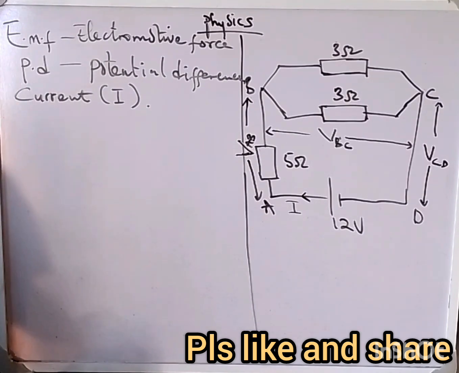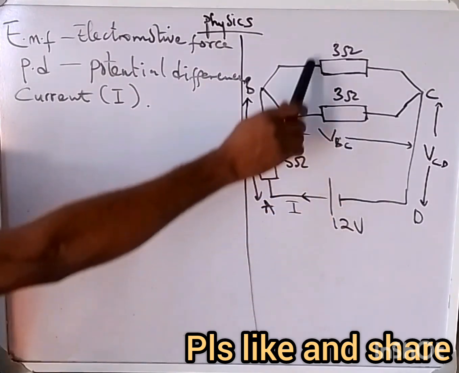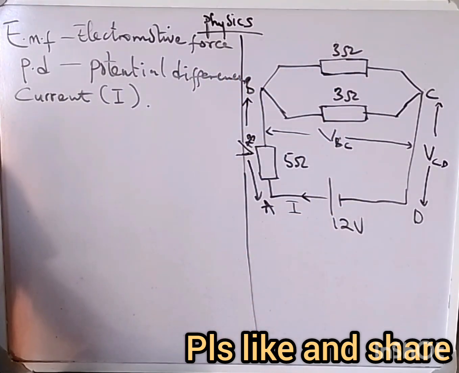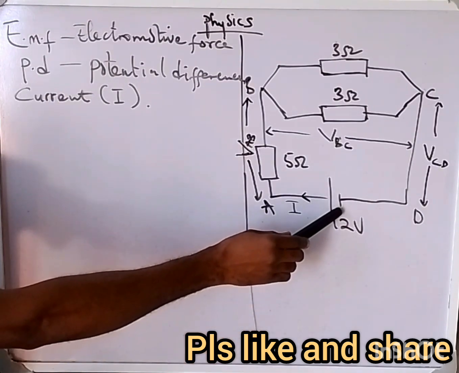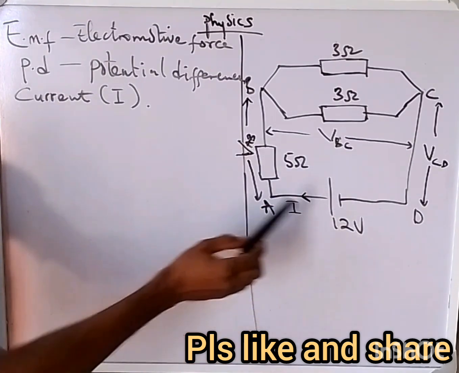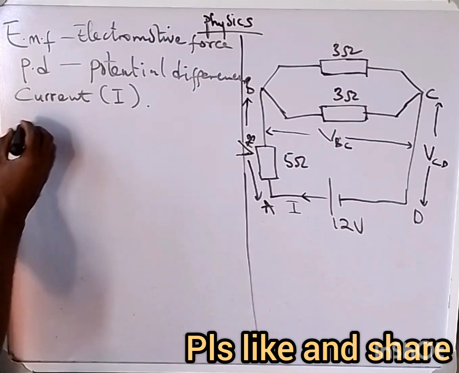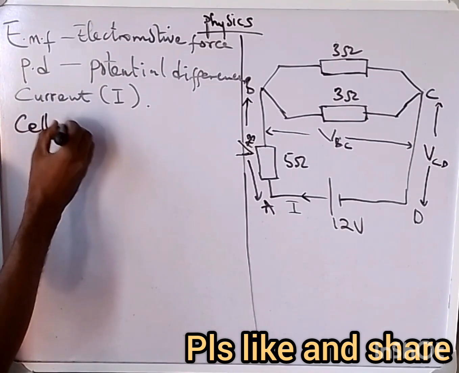EMF. What is EMF? If you watch the diagram here, this is an electric circuit. In this electric circuit, this symbol here is a symbol for a cell. Either you call it a cell or a battery.